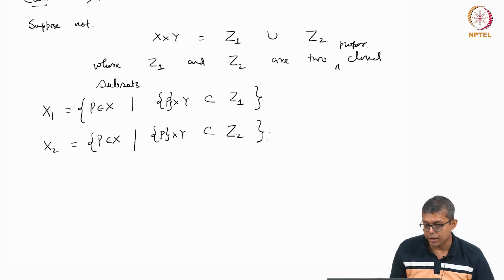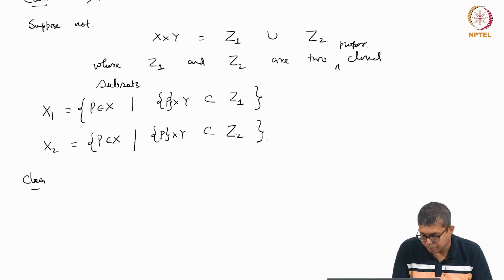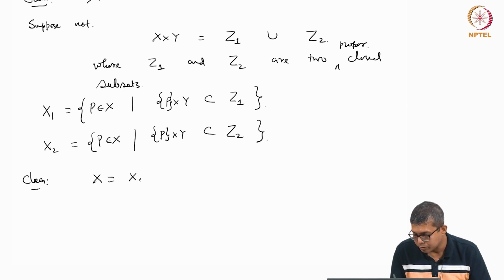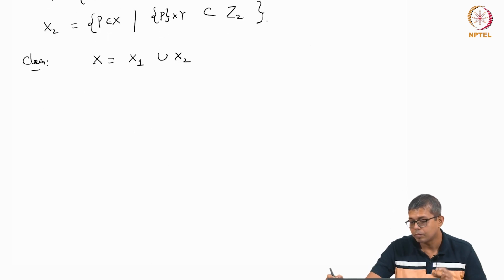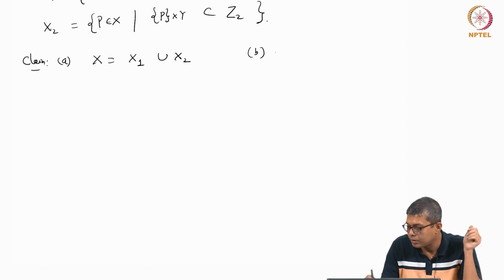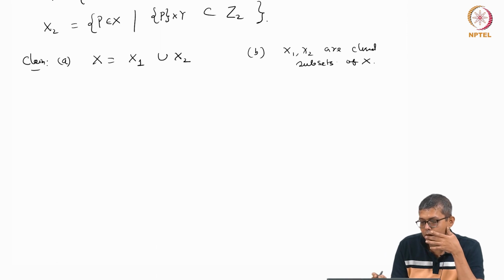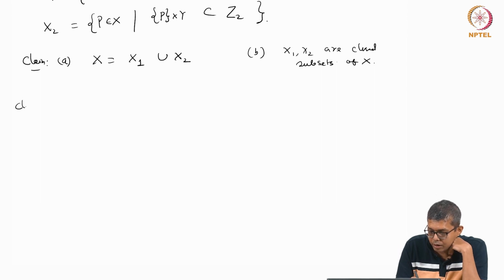So now the point is that I claim that X is X1 union X2. This is claim A, and another claim is that X1, X2 are closed subsets.